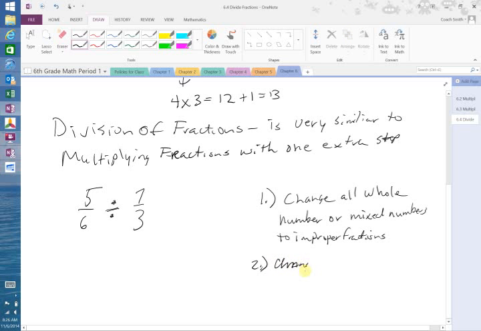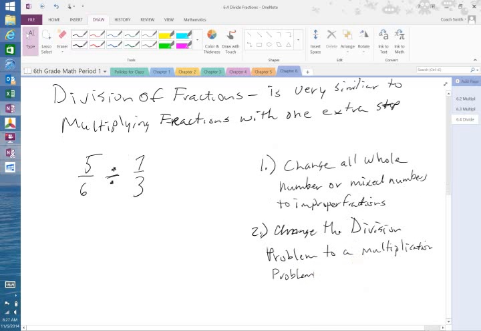Step 2, change the division problem to a multiplication problem by doing the reciprocal to the divisor.